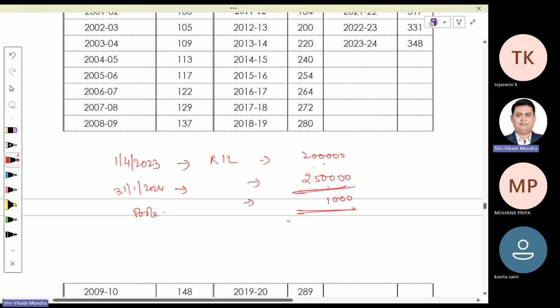How much gain did I earn? Can anyone guide me? As per your calculation, how much income did I earn from this transaction? Can I say I earned rupees 49,000 from this transaction?